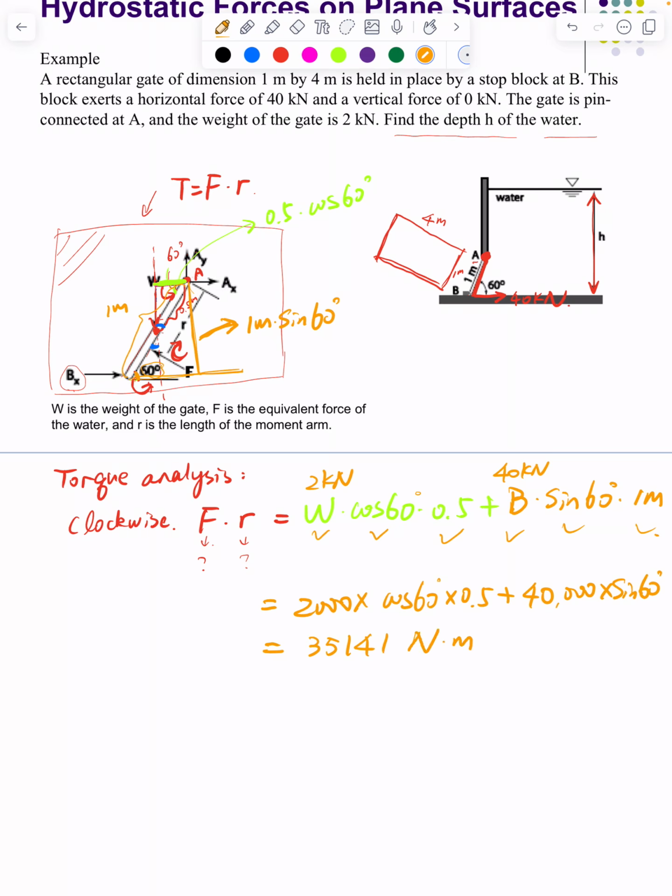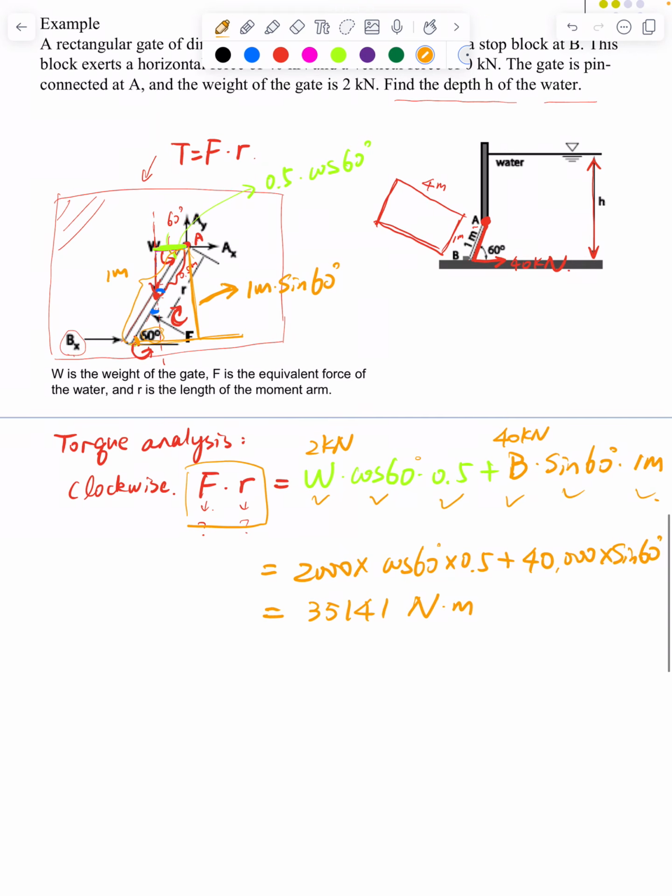That's the total force that counterbalanced the effect of the hydrostatic force multiplied by its effective radius r, right? And what is r? R is from the top to CP, actually.